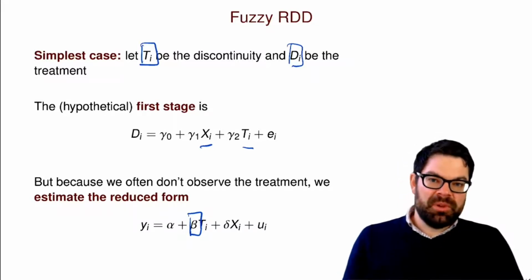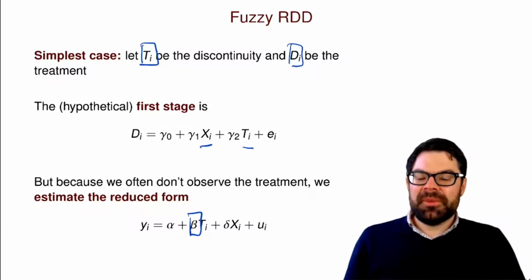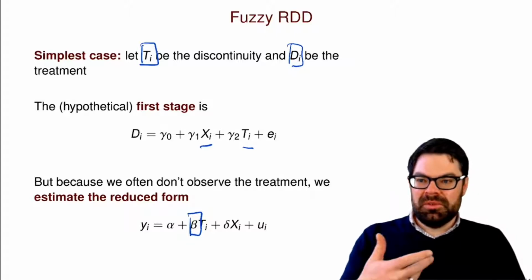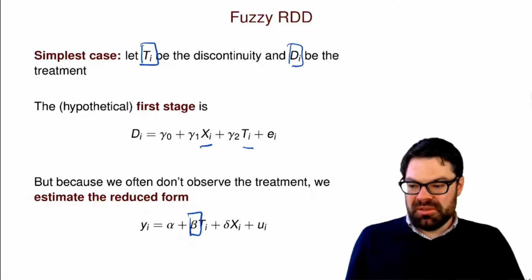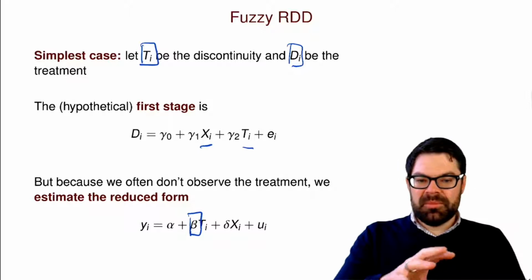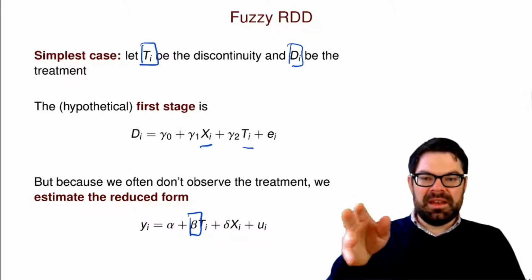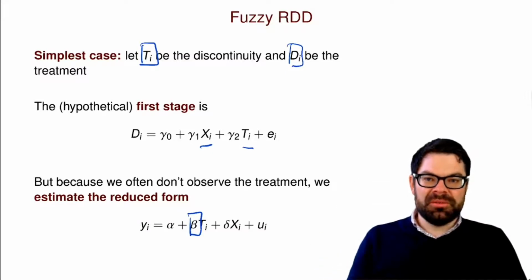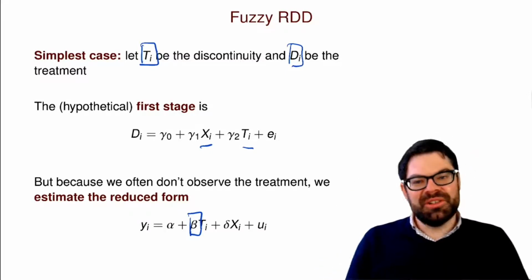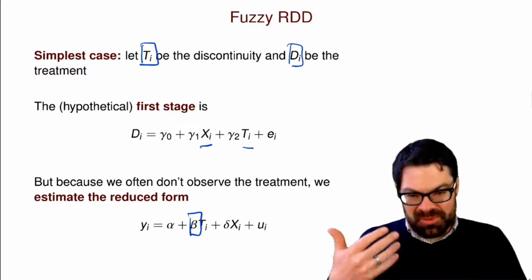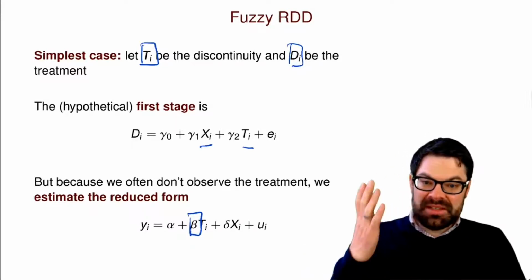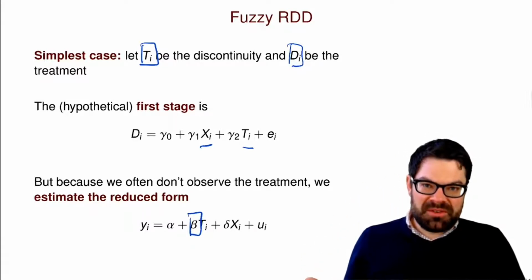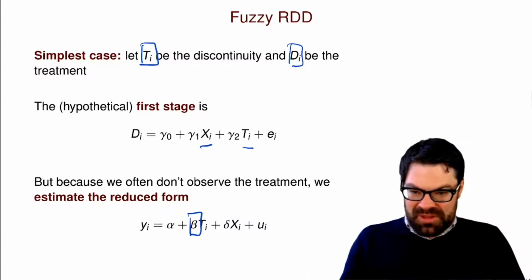To give you an example, you see a lot of regression discontinuity estimates that show that getting into a better school has an effect on students' outcomes, or does not have an effect. But if it does, then you could think, well, what is it about better schools that gives these people the advantage?